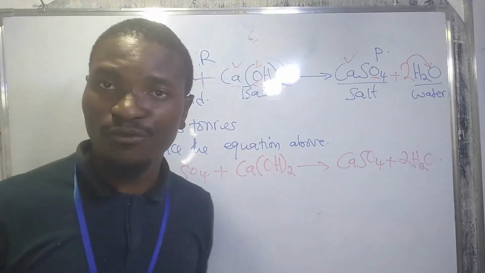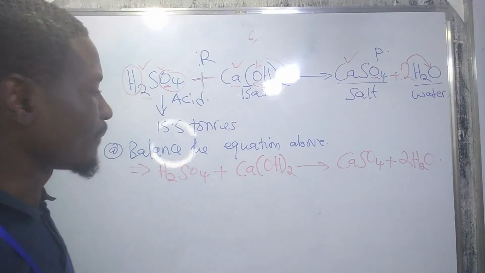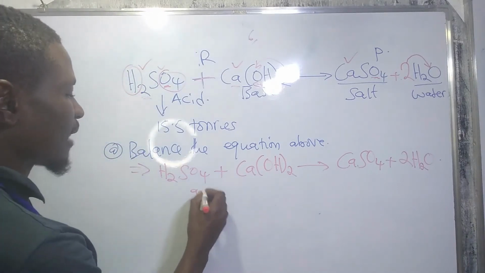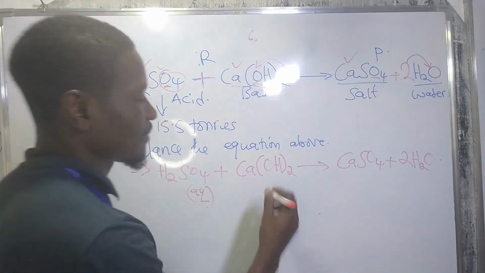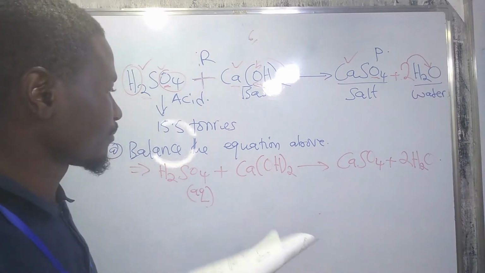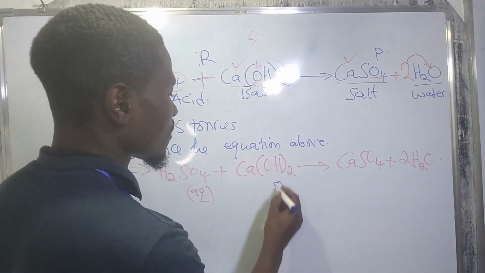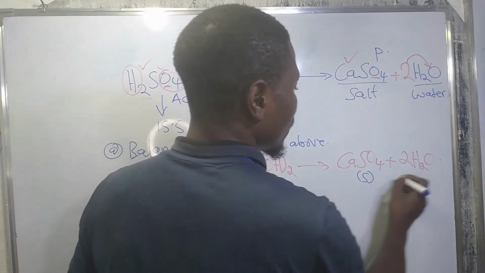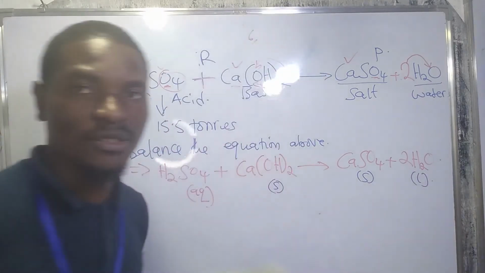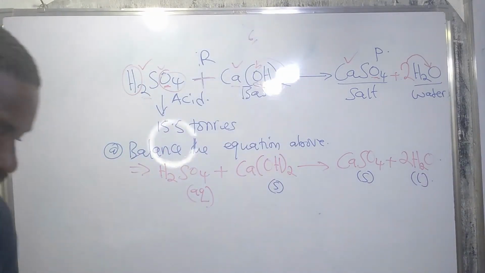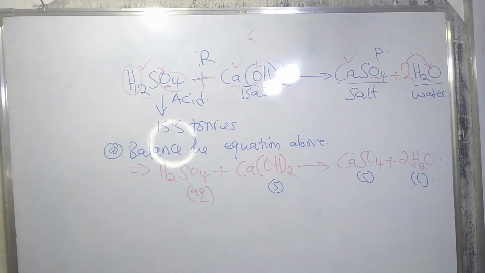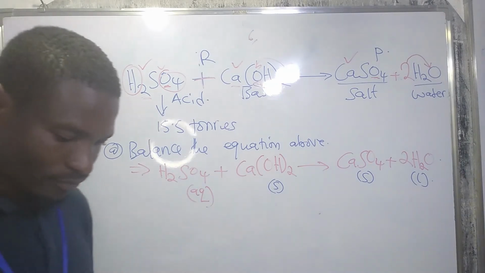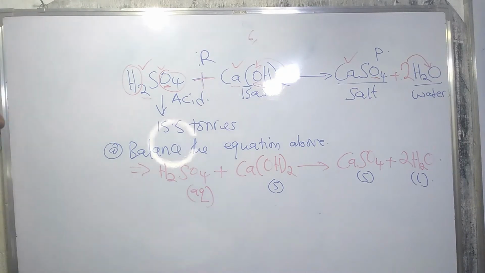Now you don't have to forget the state symbols. An acid is always aqueous. Then this is the solid, and this is the liquid.